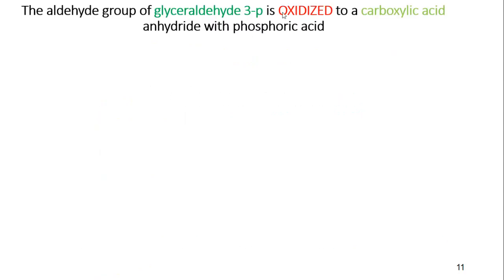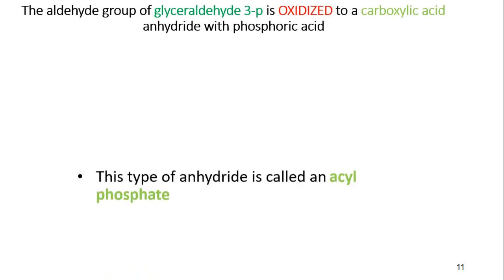So the acid, which is the phosphoric acid, is just coming from that inorganic phosphate group. And then this type of anhydride is normally called an acyl phosphate.